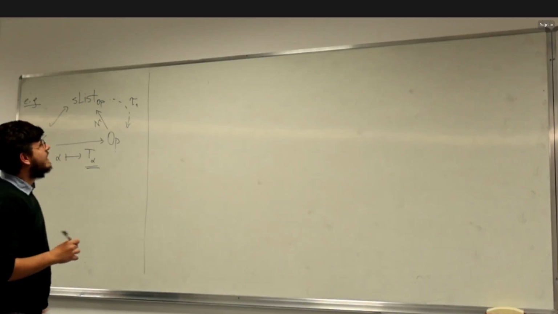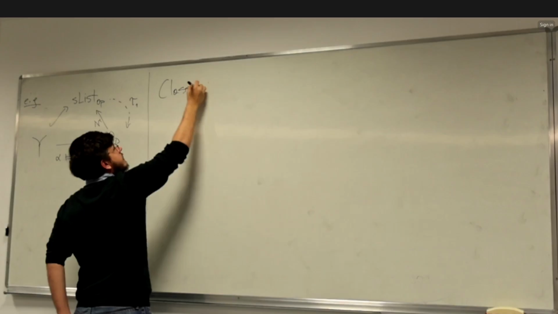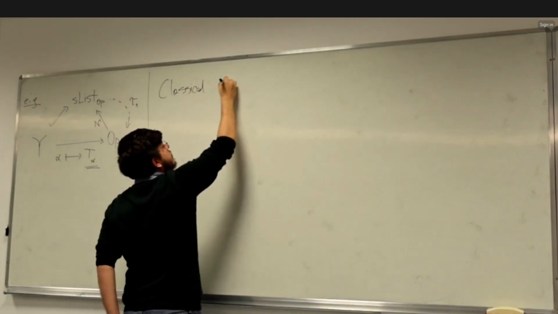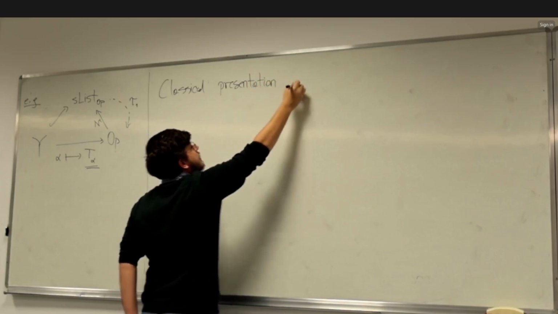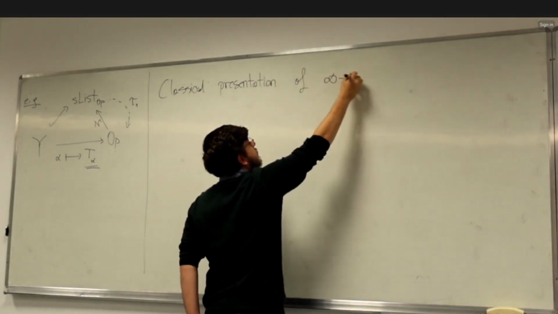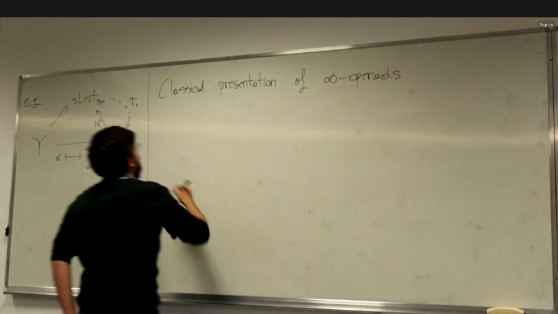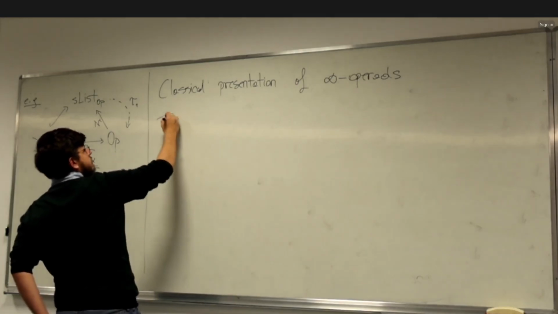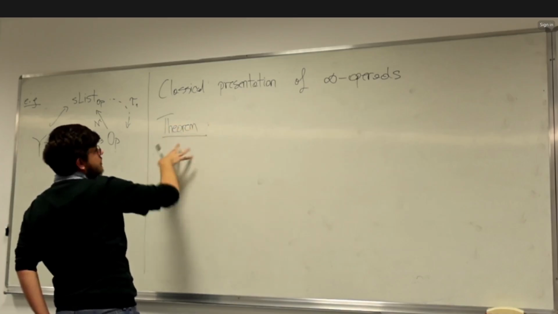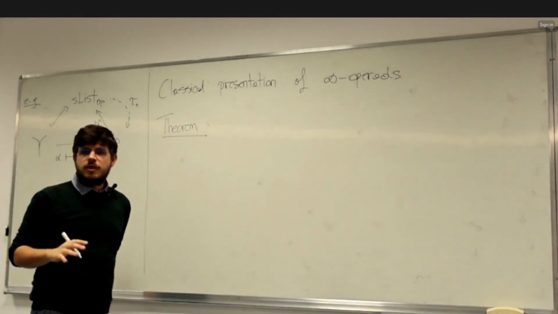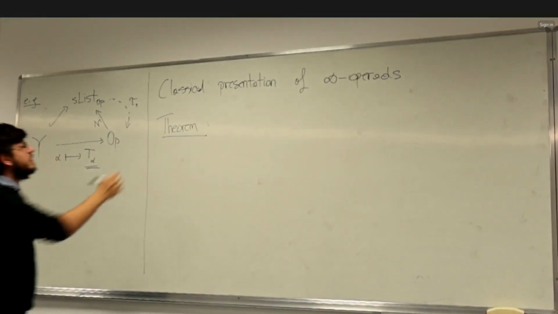Yeah. So let's say a few words about this. So the classical presentation of infinity operads, and I will just say a theorem. This is, of course, not even close to being due to us. This is classical.